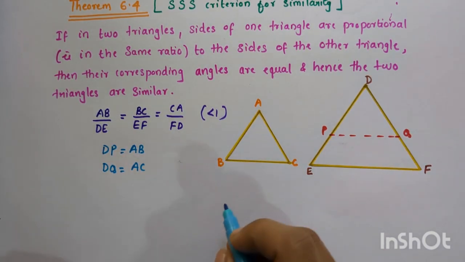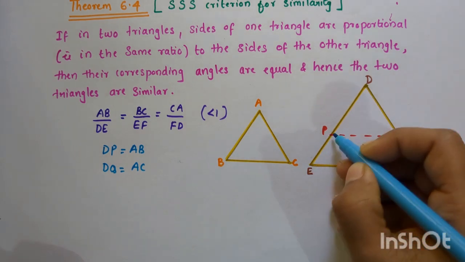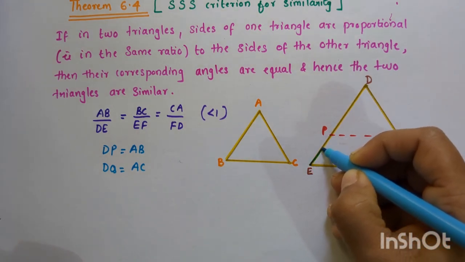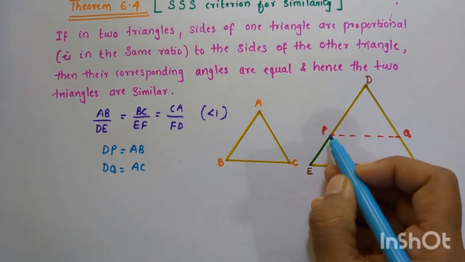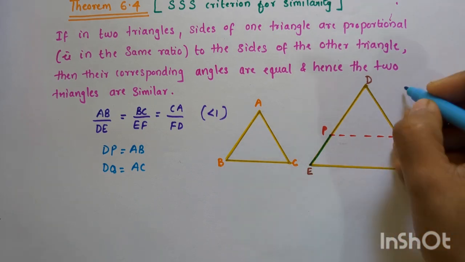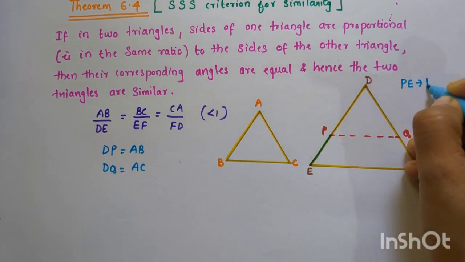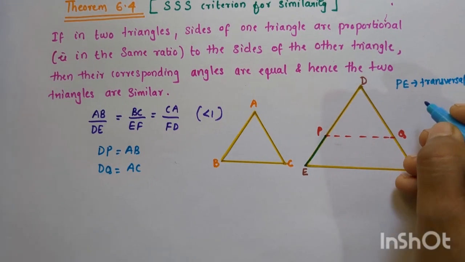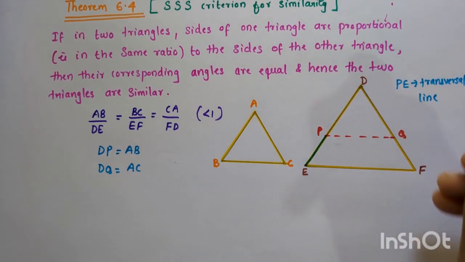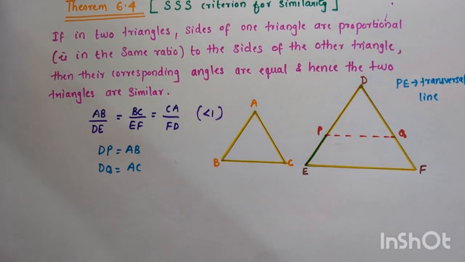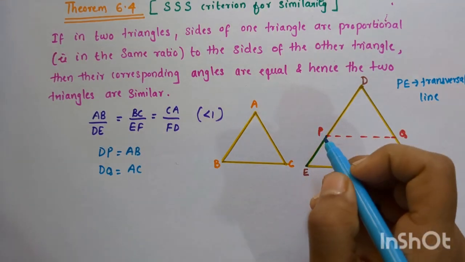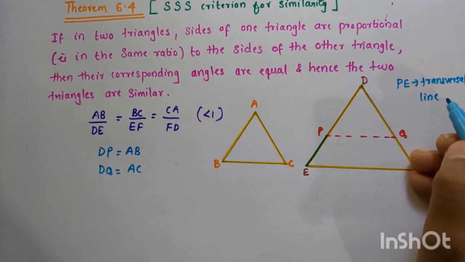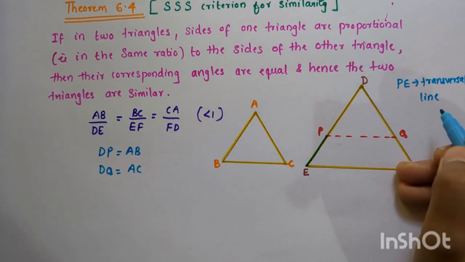Here, when you consider this line PE, it is a transversal line. What do you mean by a transversal line? It is a straight line that intersects two lines at distinct points.